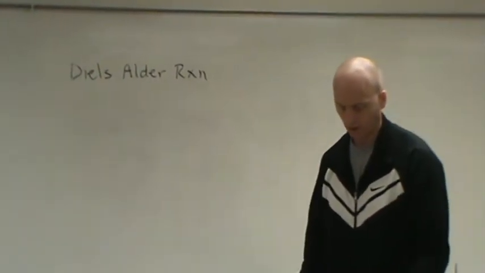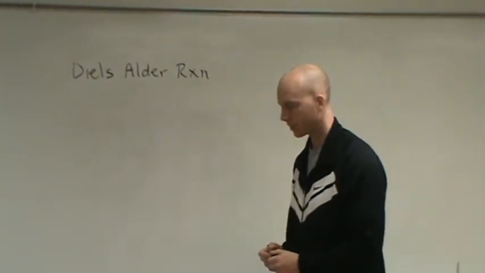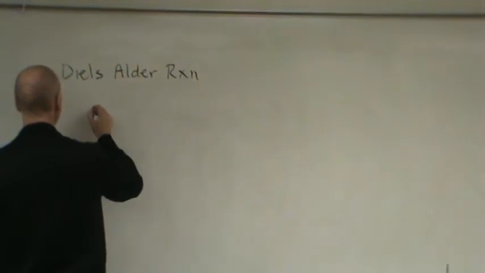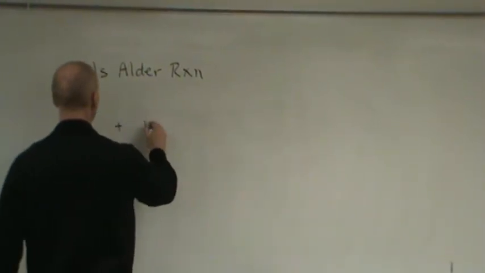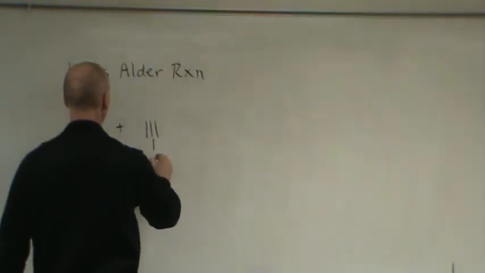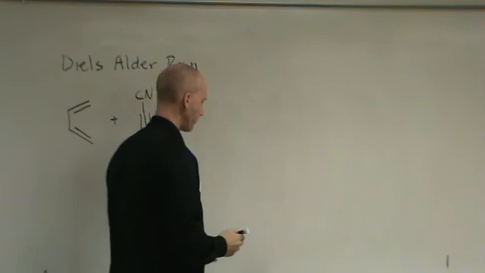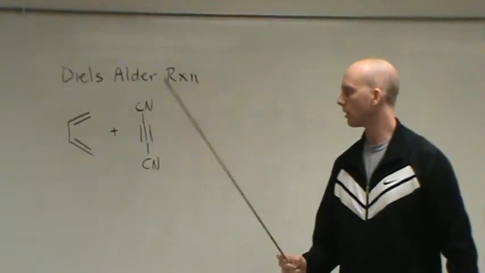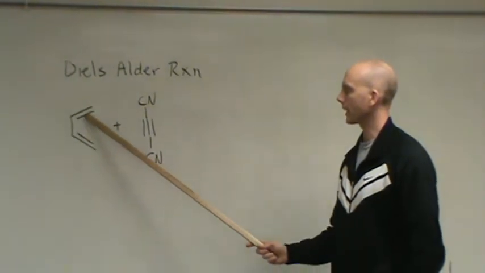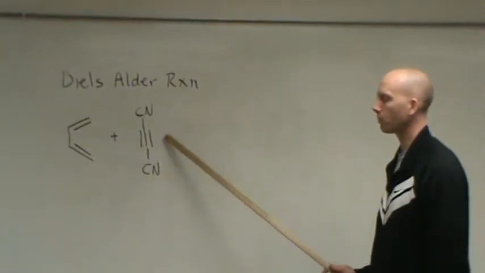Another Diels Alder reaction could be something like this. Where if you note now, we have our diene, but our dienophile is now a triple bond.